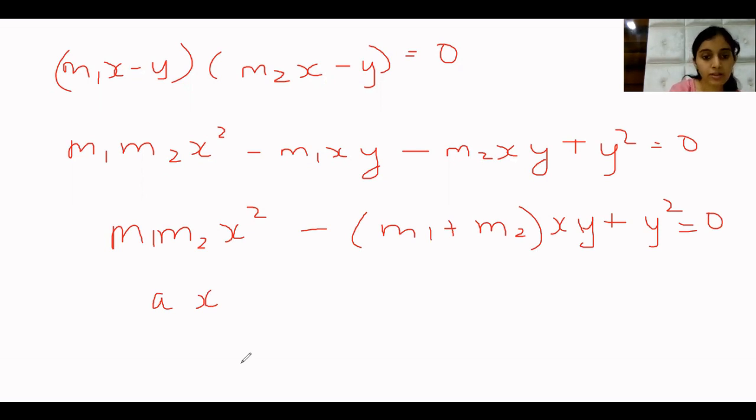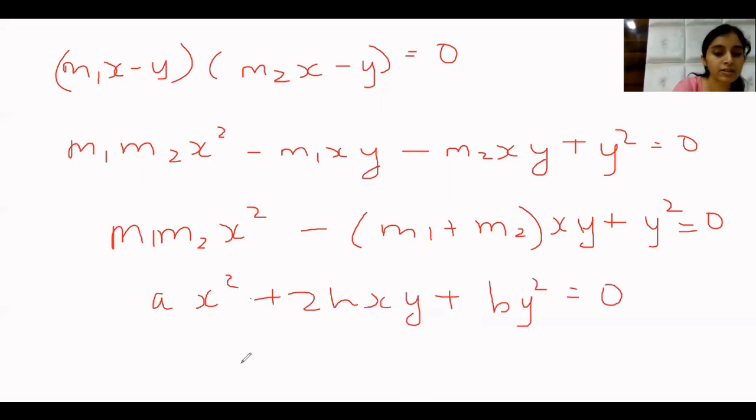ax square plus 2hxy plus by square equal to 0. So we can write the ratio of the coefficients because they both are the combined equation of the same two lines. The first one is equation 1, and the one we found now is equation 2.